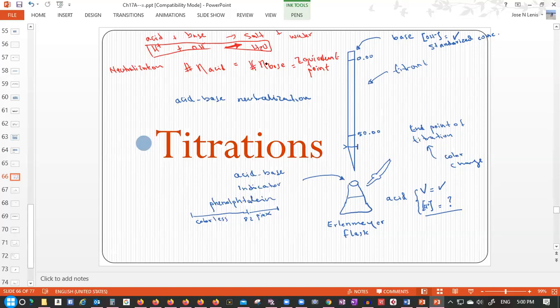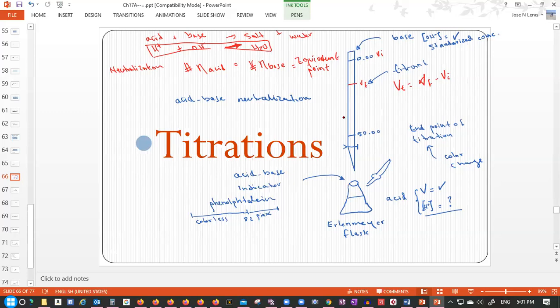Once you get this, now you can do calculations, because then you will find exactly the volume used by the titrant. Volume of the titrant is well known. You subtract, this is the initial volume, this is the final volume, so the volume of the titrant will be final volume minus initial volume.